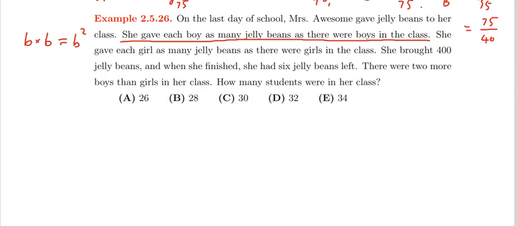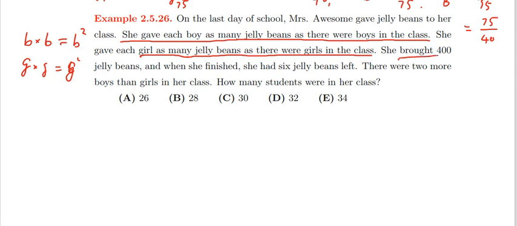For girls, it's the same way: she gives each girl the same number of jelly beans as there are girls in the school. If there are 5 girls, she gives each girl 5 jelly beans. So for girls, the total is g times g, which is g squared beans.